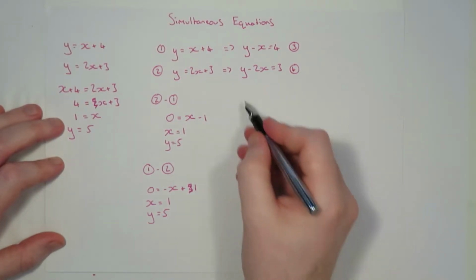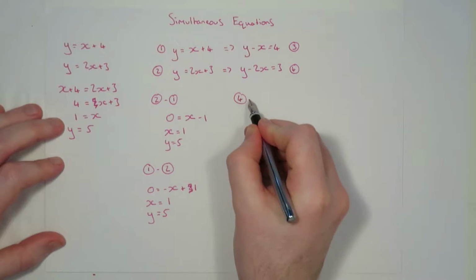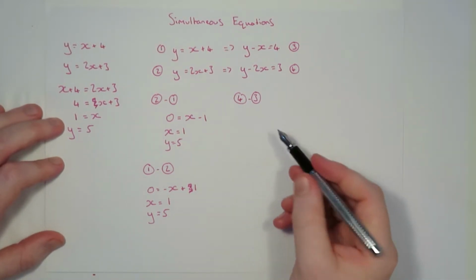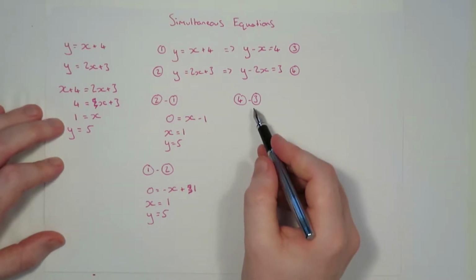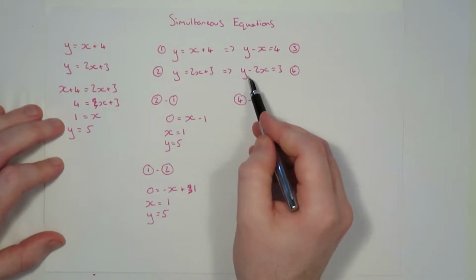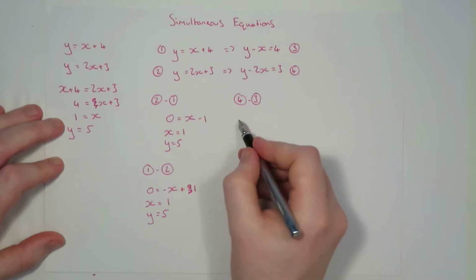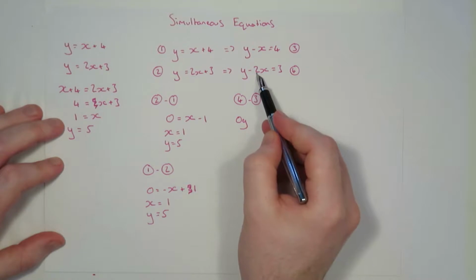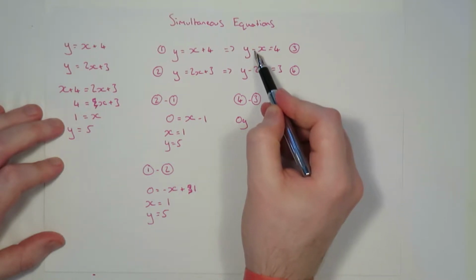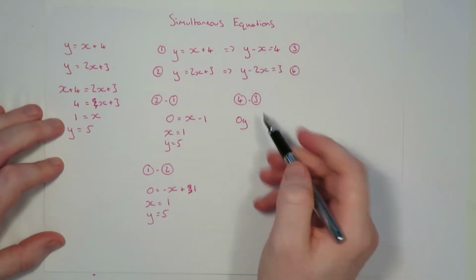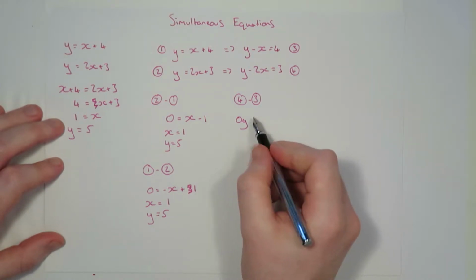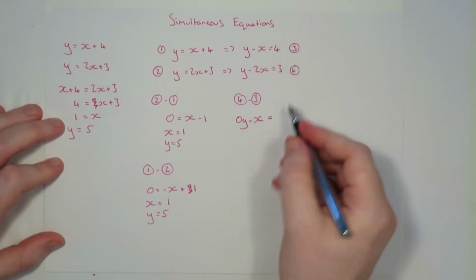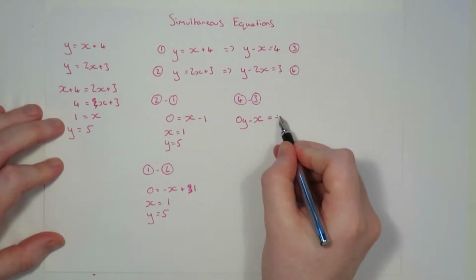Okay, the same thing here. You can do equation 4 subtract equation 3 if you want, or you can do it the other way around. I'm just going to do it this way. So you're going to have y subtract y, which is 0y, or just 0, minus 2x minus x, that will become a plus, so minus 2x plus 1x will be minus x. 3 subtract 4 is minus 1.